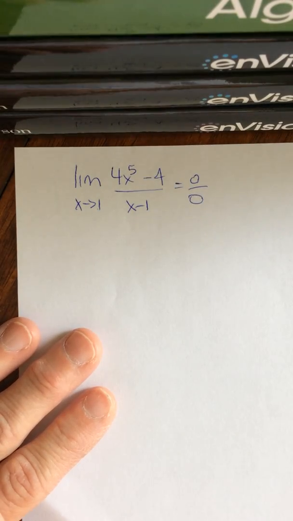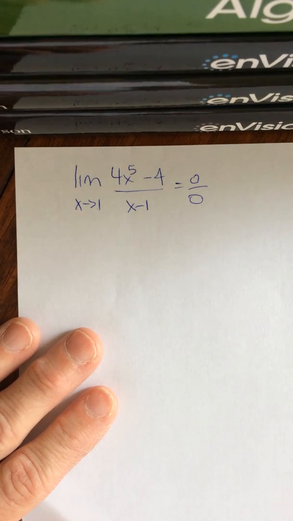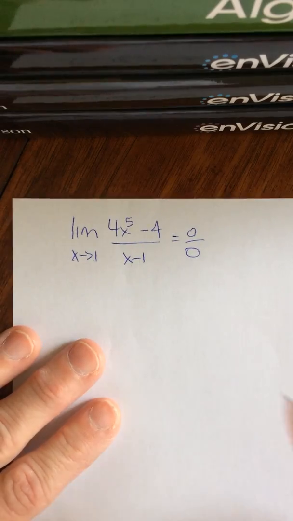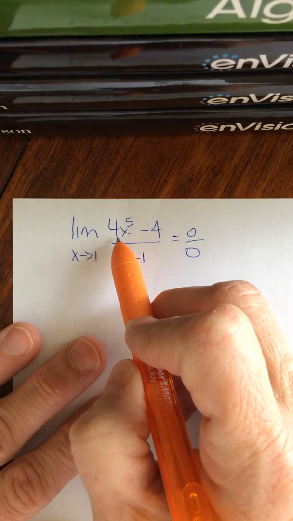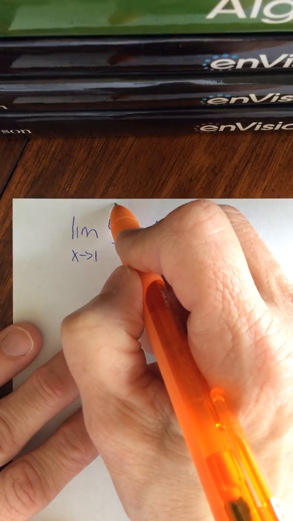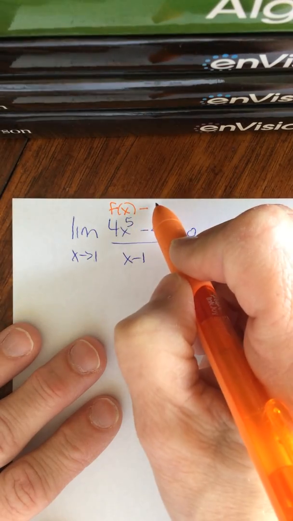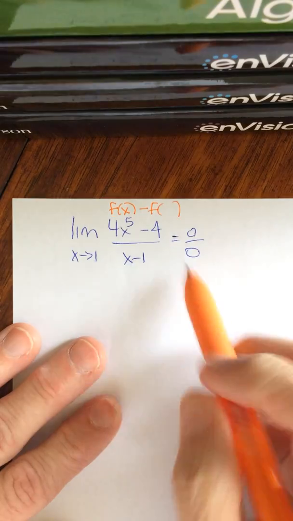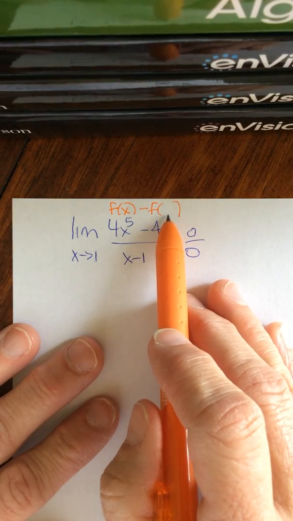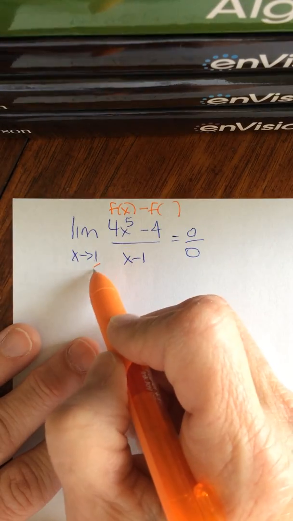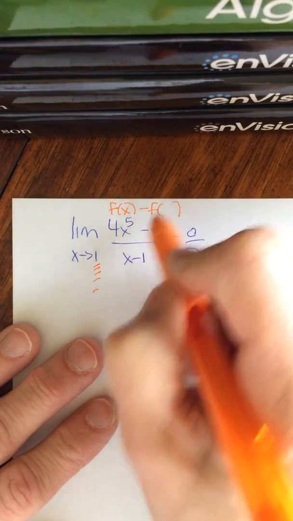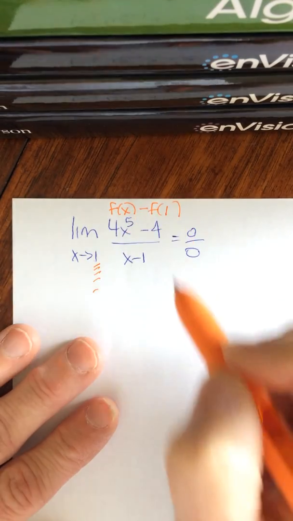So I either have to do more work, or if I look closely, I can look at this as a function f of x minus f of 1.